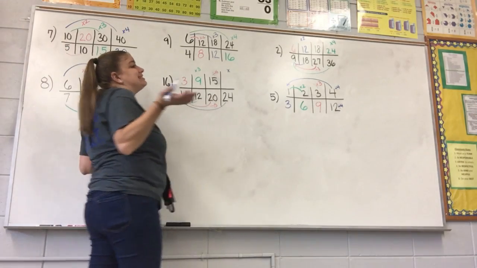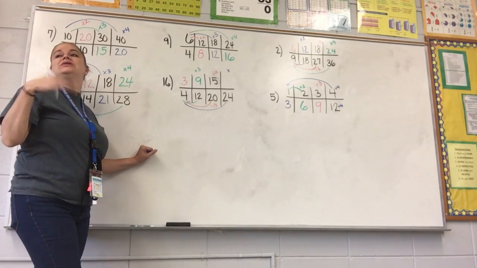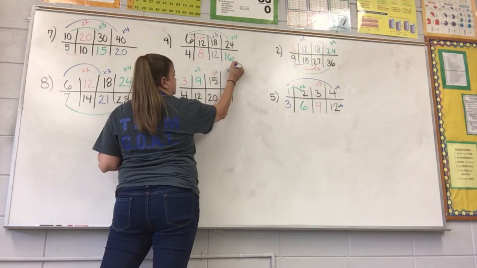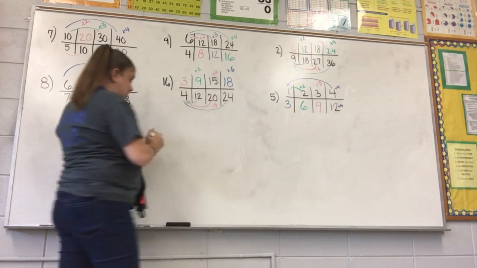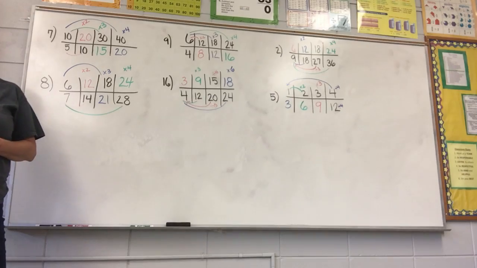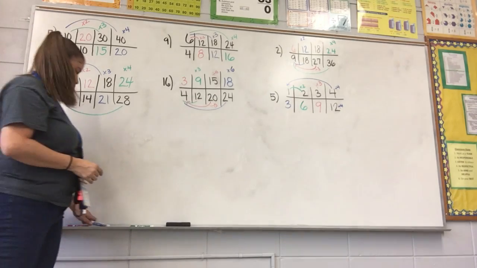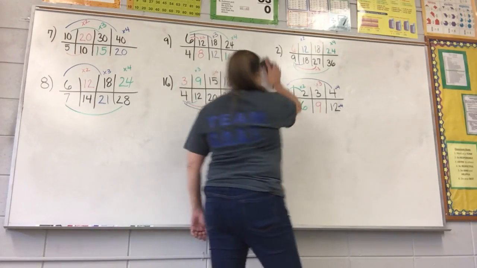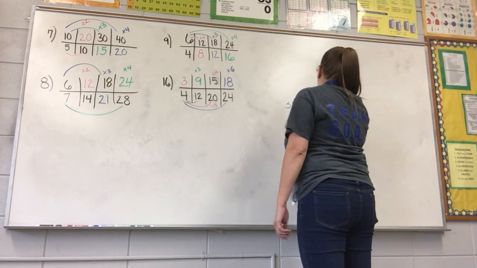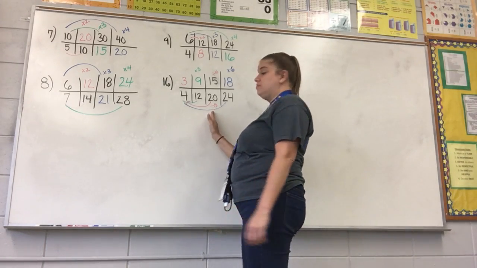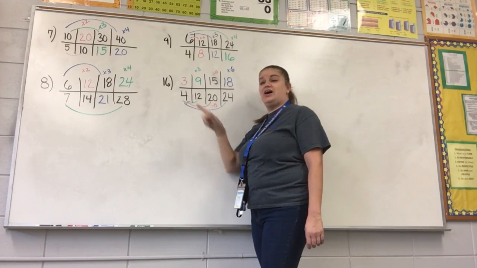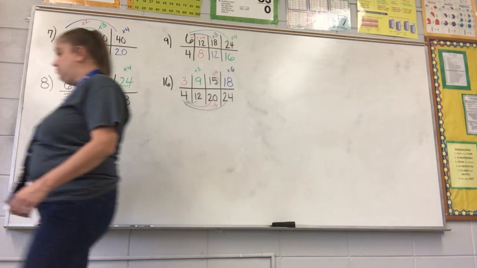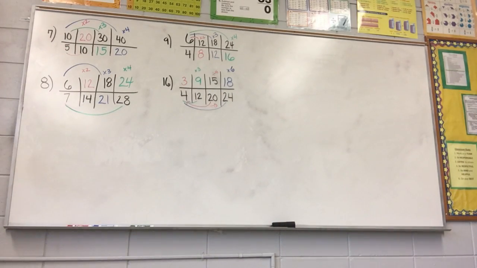You can't just say 6. What did we do? Times 6. So what's 3 times 6? 18. Raise your hand if you got all that right. Because we're going from 20 to 4, and so you divide 20 divided by 5 to get 4. Okay, now go ahead and do number 12.